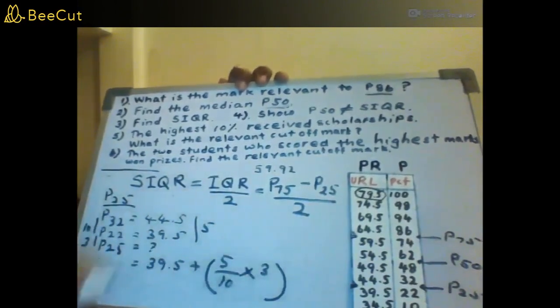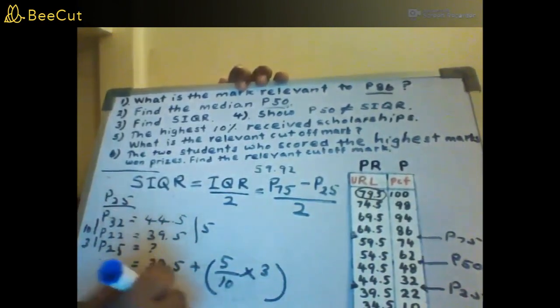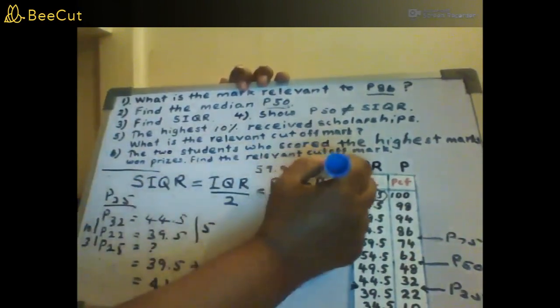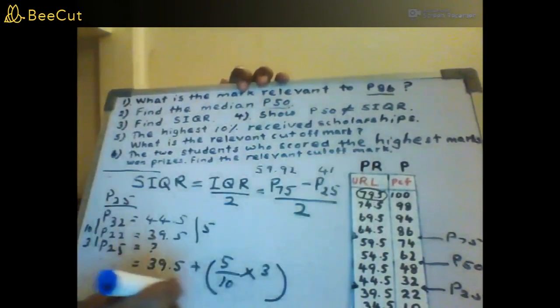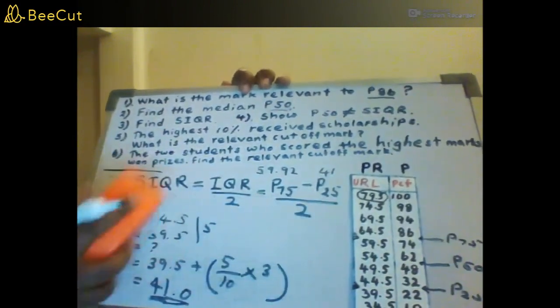So 3 divided by 2, do the calculation, and the answer is 41.0.